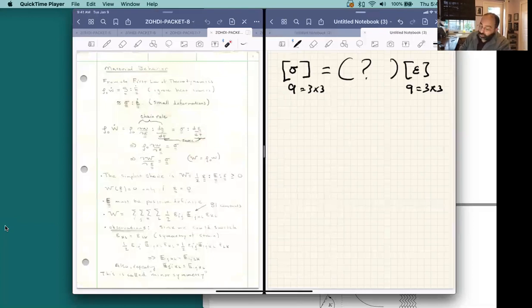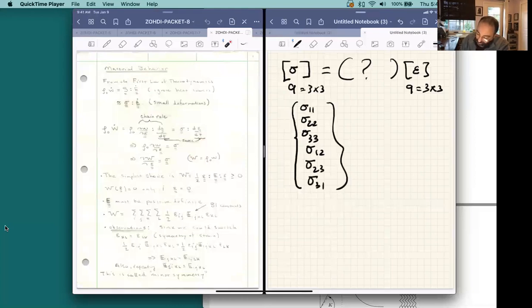Now, at first glance, we'll say, well, fine. I guess if I write this out as one ginormous vector, this would be sigma 11, sigma 22, sigma 33, sigma 12, sigma 23, sigma 31. And then I would have also sigma 21, sigma 32, sigma 13.